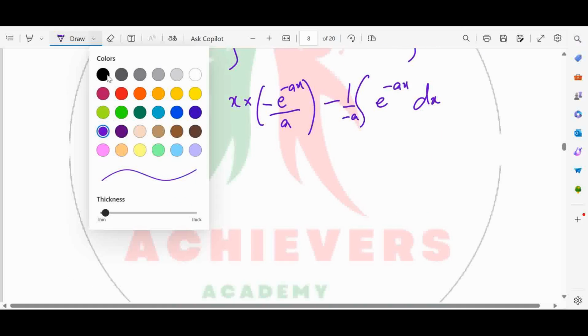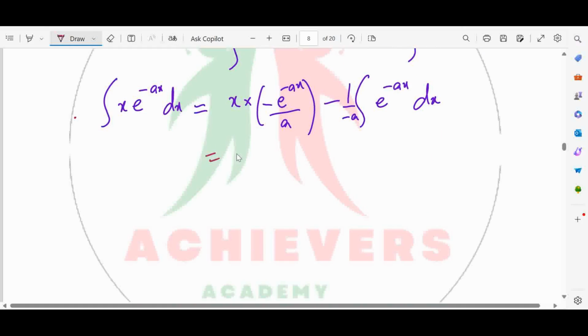Now if we simply integrate it, this will be minus x e power minus ax divided by a plus 1 by a into the integral of e power minus ax, which is e power minus ax divided by minus a.